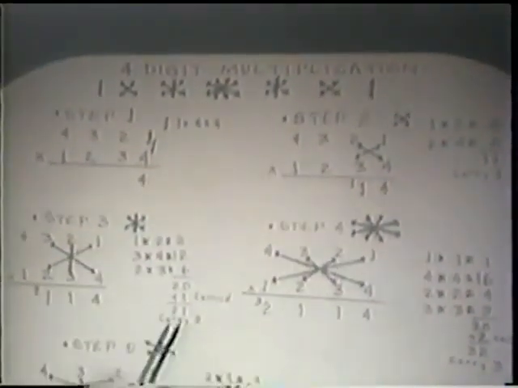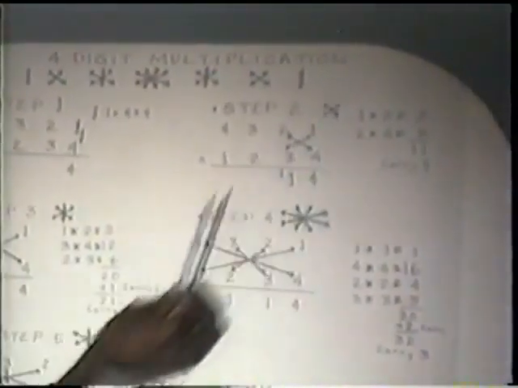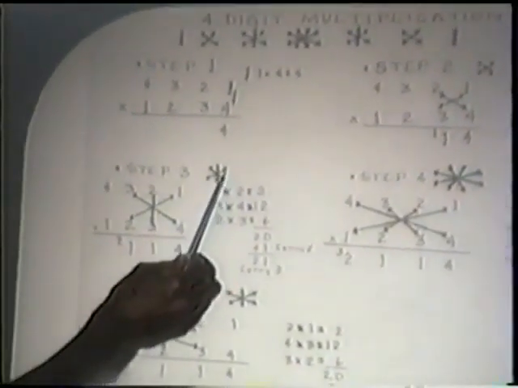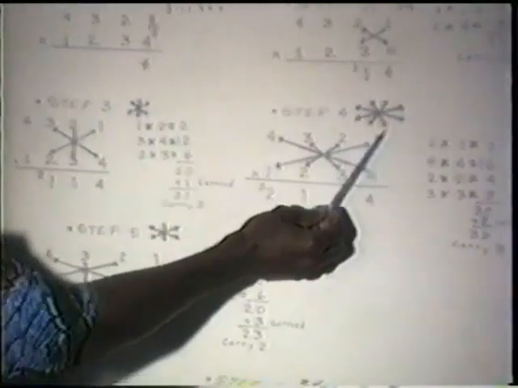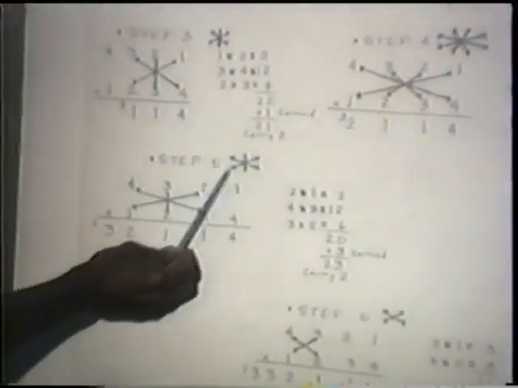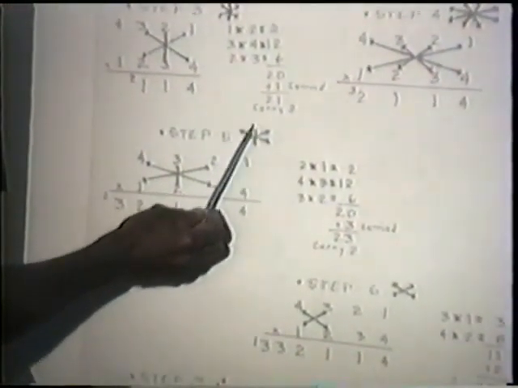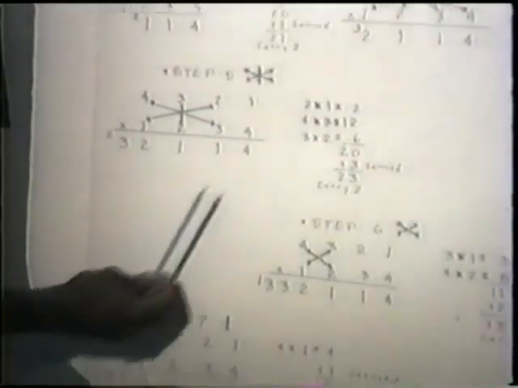Step 1, vertical. Step 2, cross multiply. Step 3, cross multiply and vertical multiply. Step 4, double cross. Step 5, cross multiply and vertical. Step 6, cross multiply. And step 7, vertical. Follow the steps. Remember to carry your digits and you won't get lost and you won't get the wrong answer.